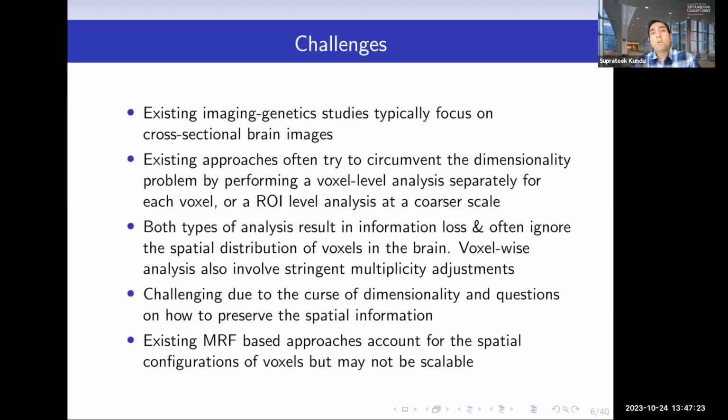Now, one could argue that, okay, let's use these Markov random field type approaches, right? They're in the literature. Why can't we use that for this problem? Well, the problem there is that these MRF approaches, while useful, may not scale up to the types of dimensions that we're grappling with. So even with a very simple image, let's say a 64 by 64 2D slice image, which is the simplest image I can think of, that's about 4,096 voxels.